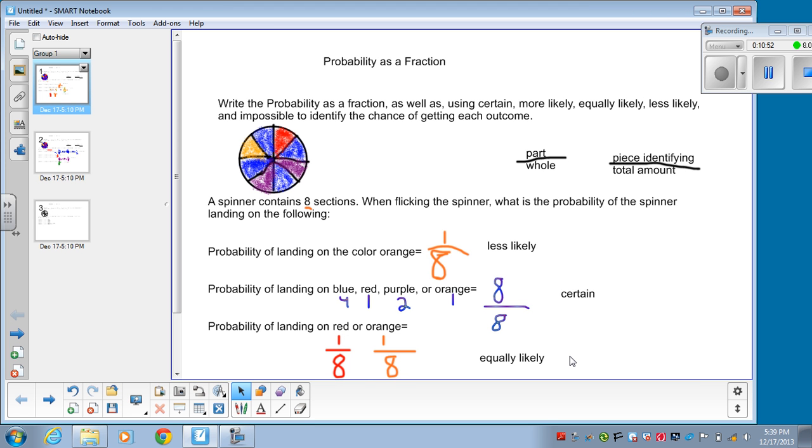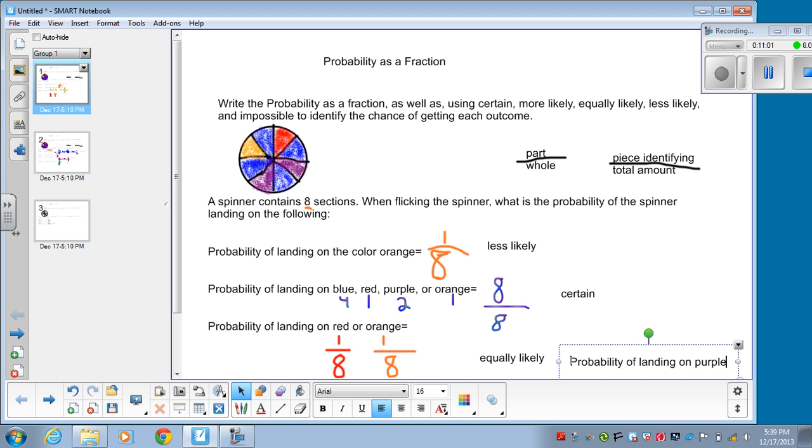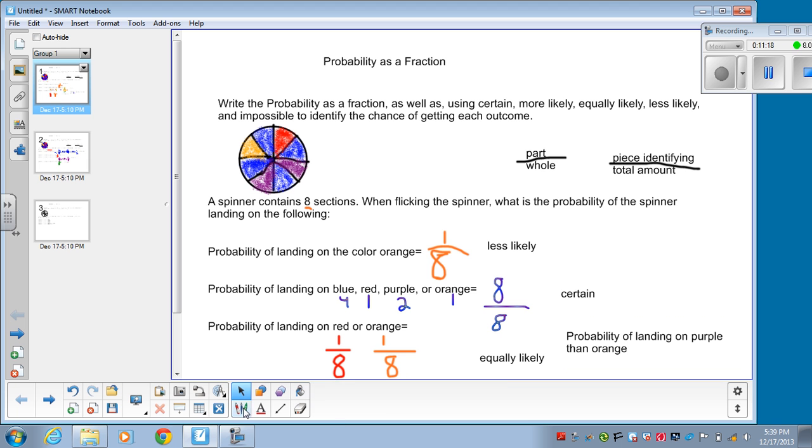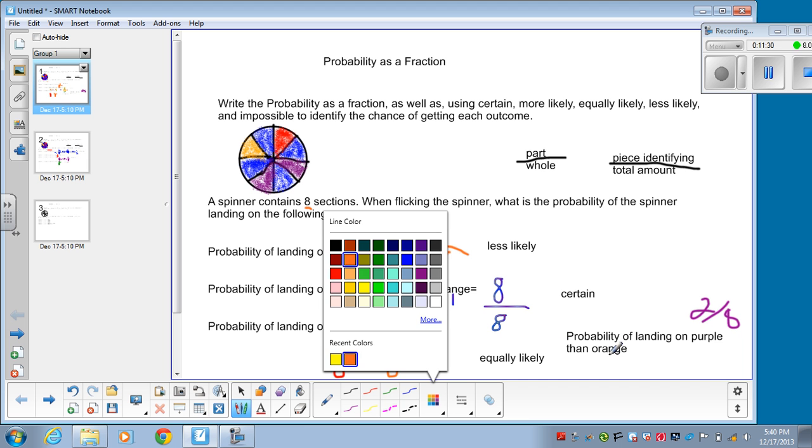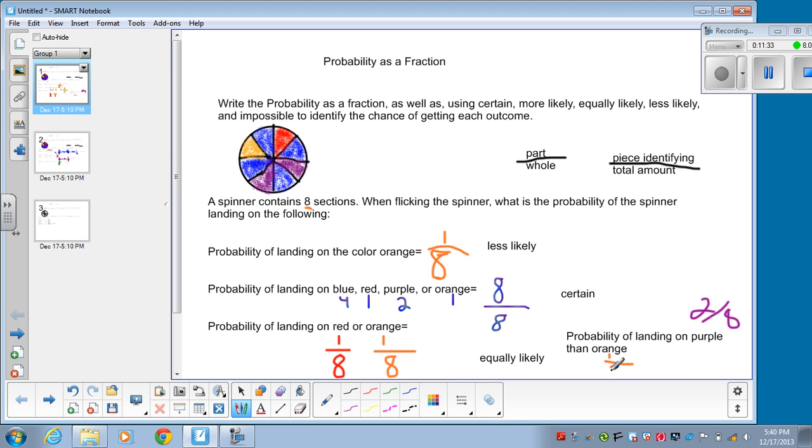Had I asked you the probability of landing on purple, then orange, you know that there are 2 purples out of 8, and there is 1 orange out of 8.